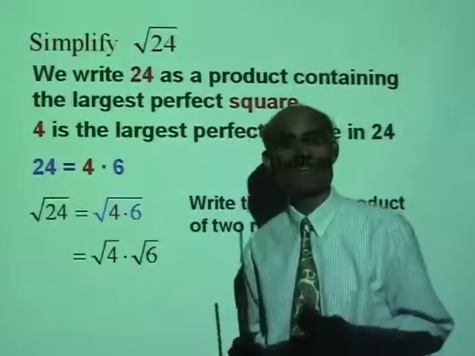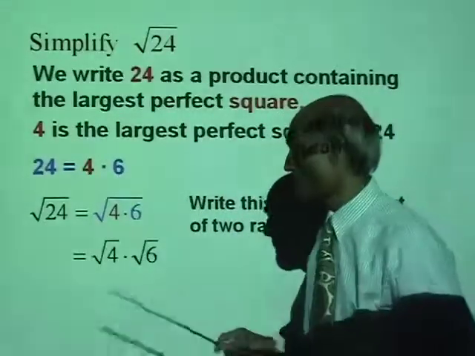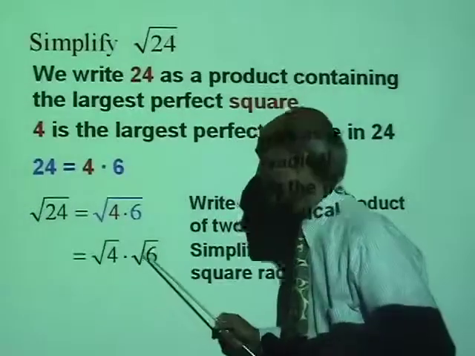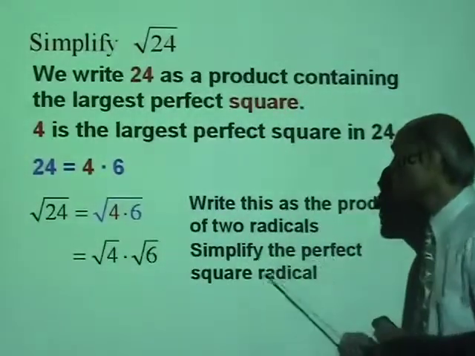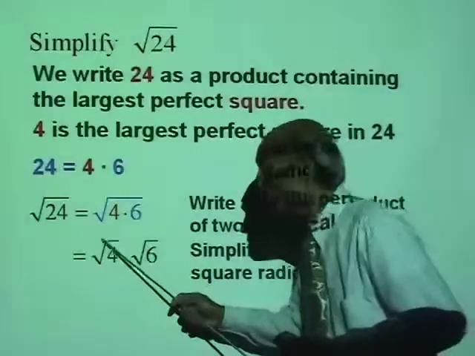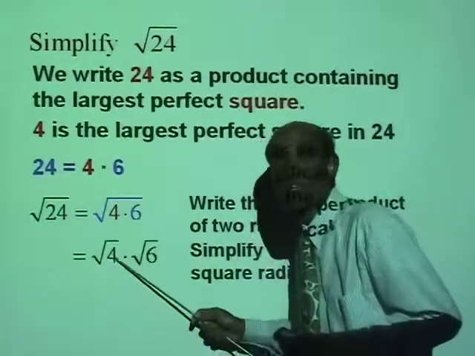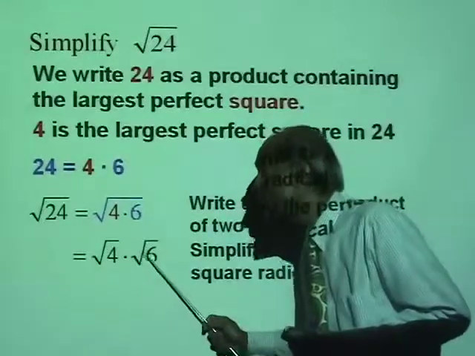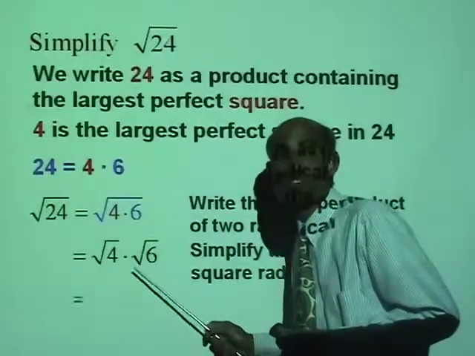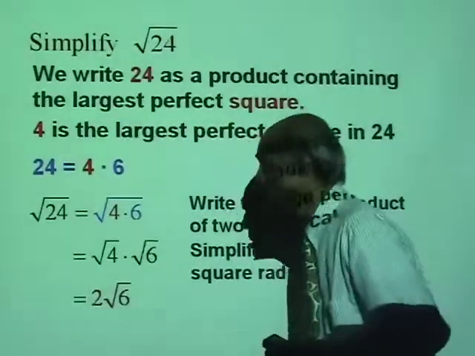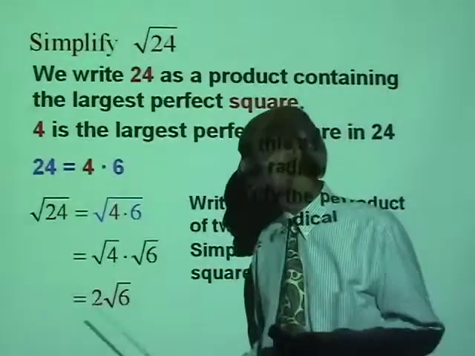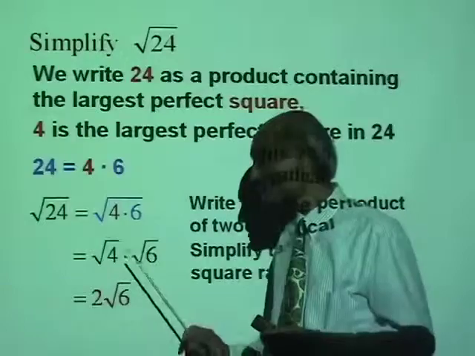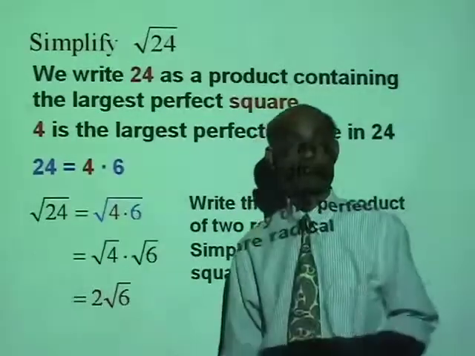Well, now you know how to simplify this. Simplify the perfect square radical. Square root 4 is 2. And you cannot do anything with square root 6, so we leave it as it is. The answer therefore is 2 square root of 6. This means 2 times square root of 6.